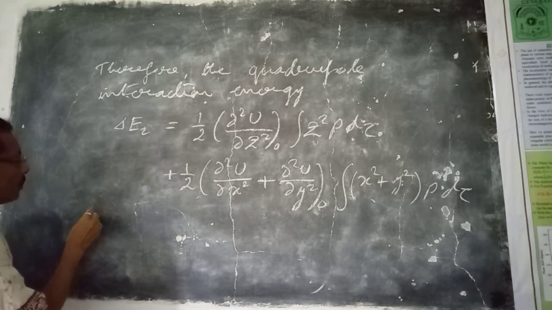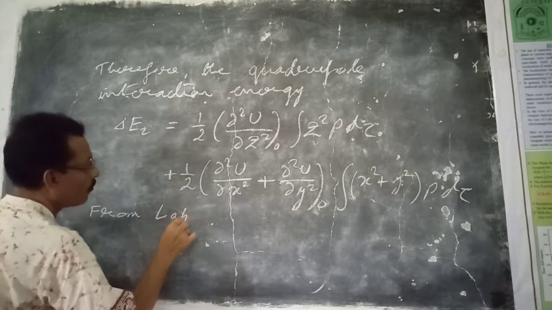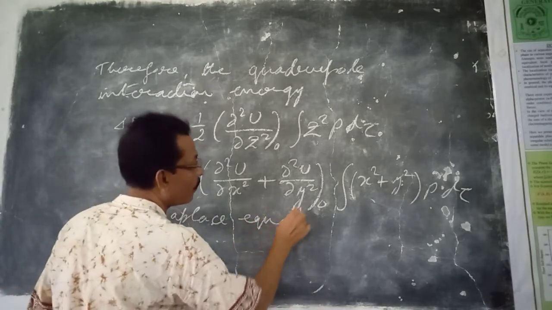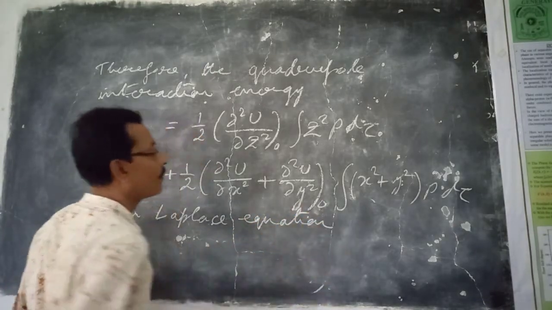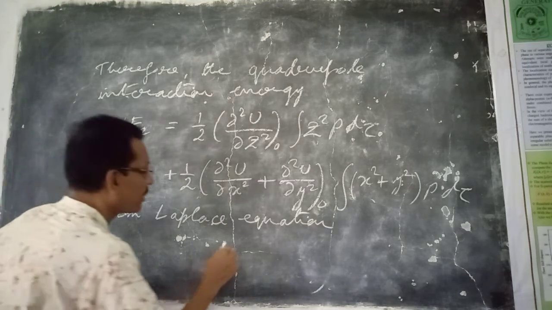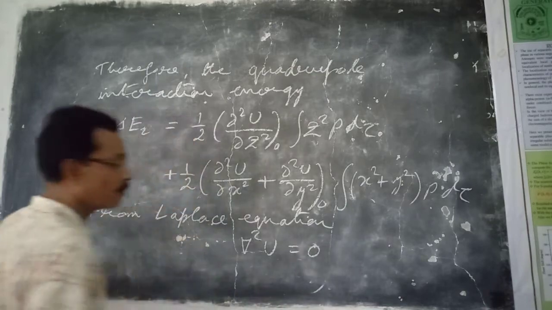Now we know the Laplace equation. What is the Laplace equation? That is ∇²φ equal to 0, or ∇²U equal to 0.